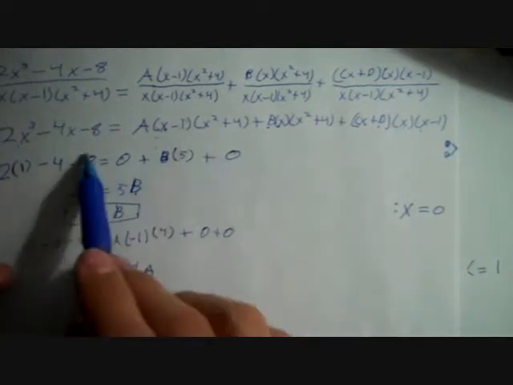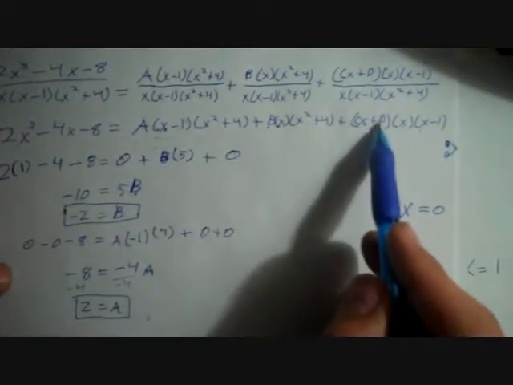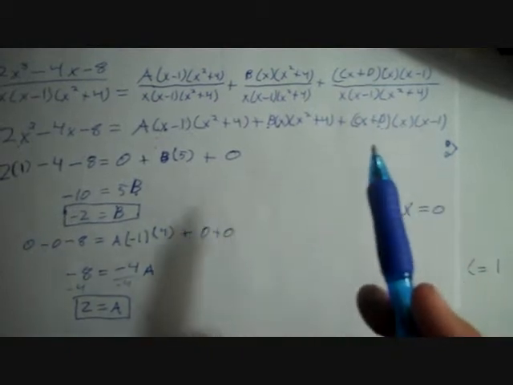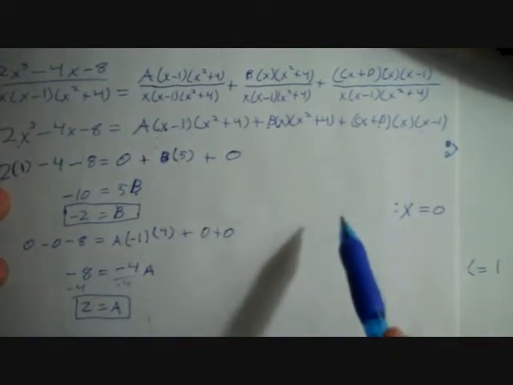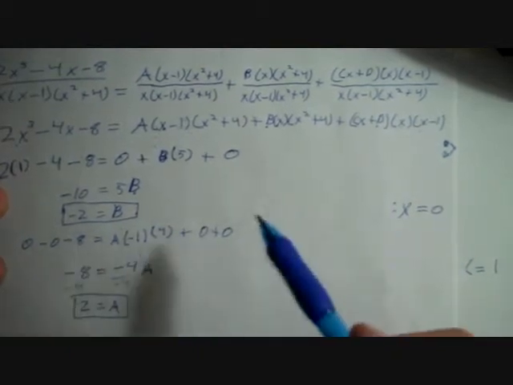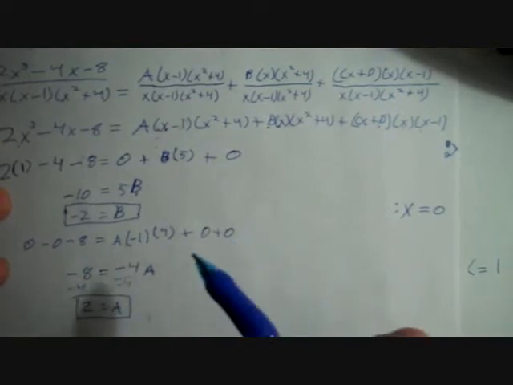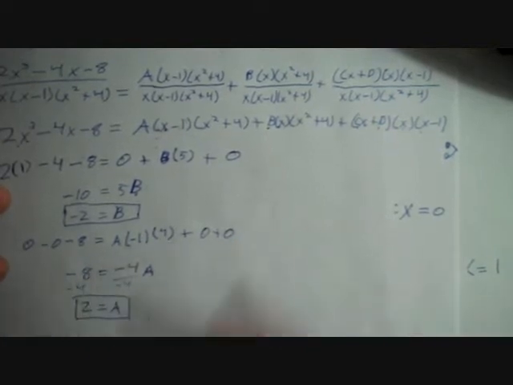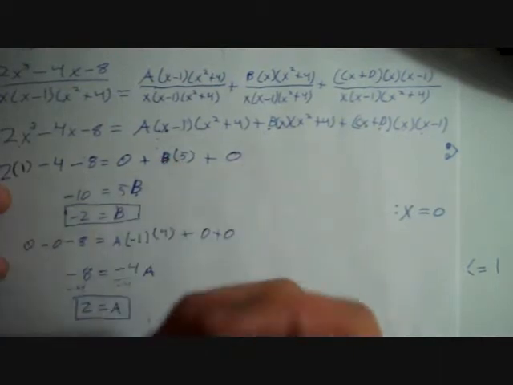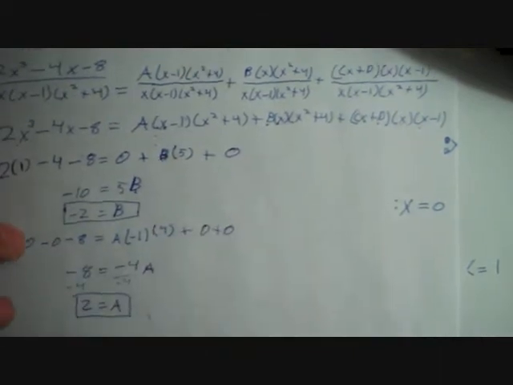So then we'll have an equation in terms of c and d, and then we'll have to do that again, only with a different value of x. So then we'll have another equation in terms of c and d. So then we'll have two equations with two variables, which is solvable.